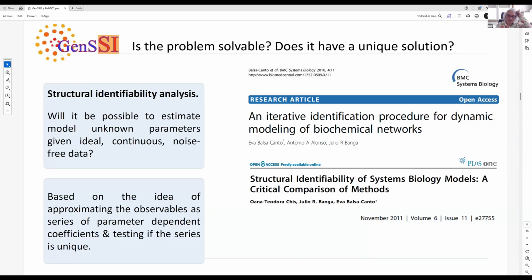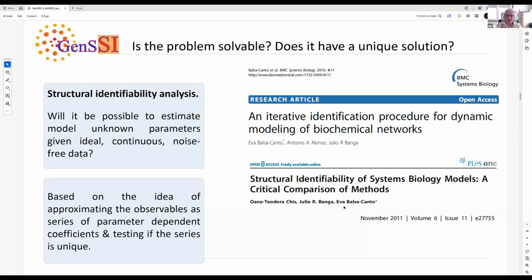So GenSSI is based on an approach we presented in these 2 papers. In this one, we presented a preliminary version, and in this paper, we presented a more detailed description of the method, in which we combine what is called the generating series approach with identifiability tableaus to simplify a little bit the analysis.